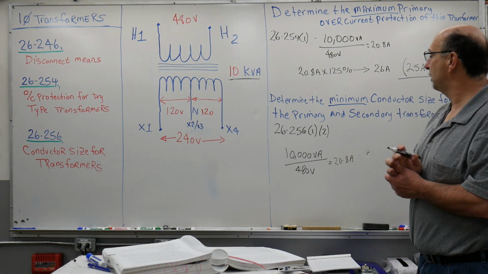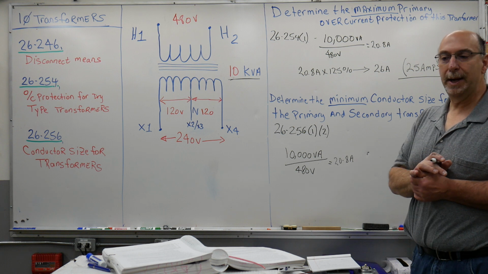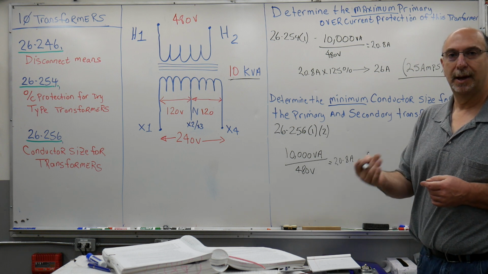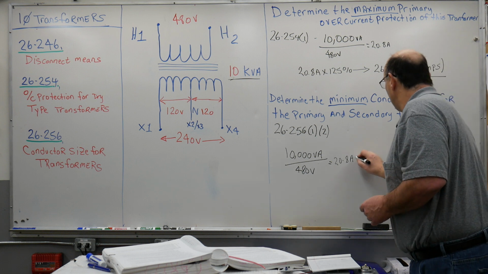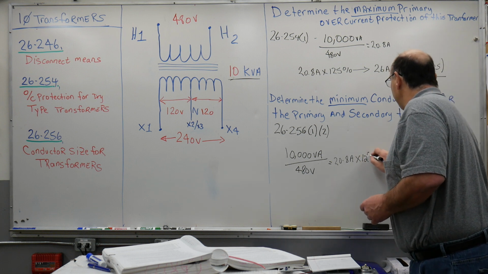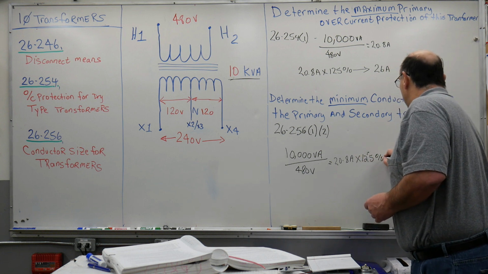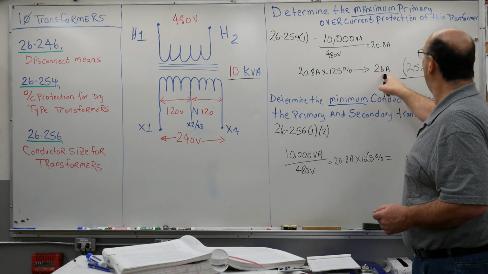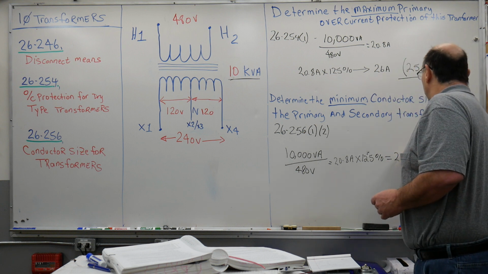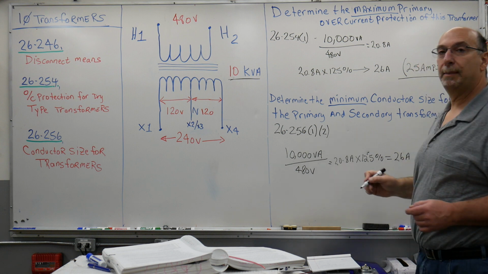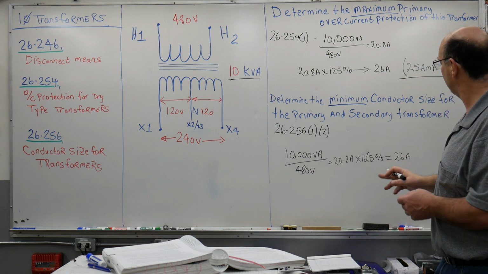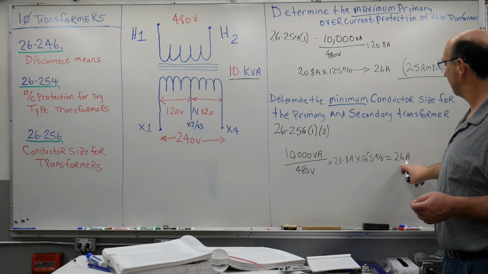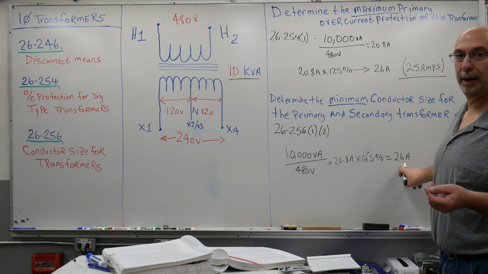And in 26-256 Sub-Rule 1, it says you have to add an additional 25% safety factor in here. So we multiply by 125%, and lo and behold, we come up with 26 amps. So that is the minimum conductor size that we require for the primary of the transformer.